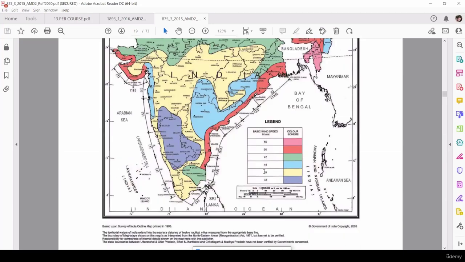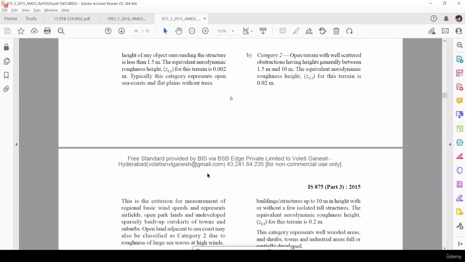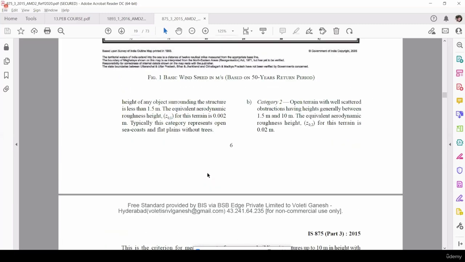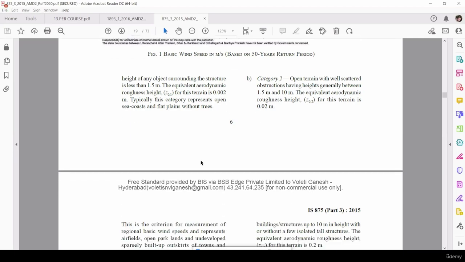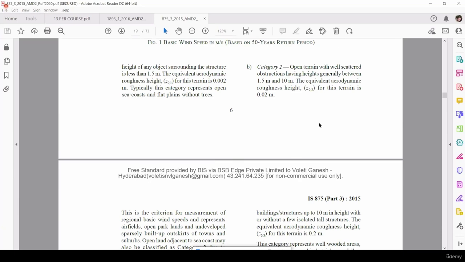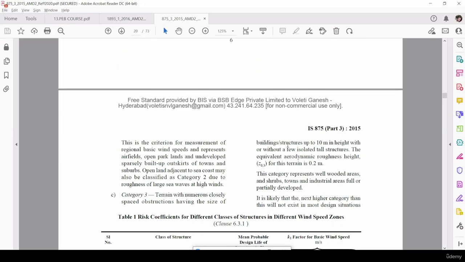It is completely exposed to the wind, with no other structures, like in desert areas, etc. Category 2 is open terrain with well scattered obstructions having heights generally between 1.5 and 5 meters. Our assumption is that the buildings around our building have heights of 1.5 to 10 meters. In a case like that, it falls under category 2.